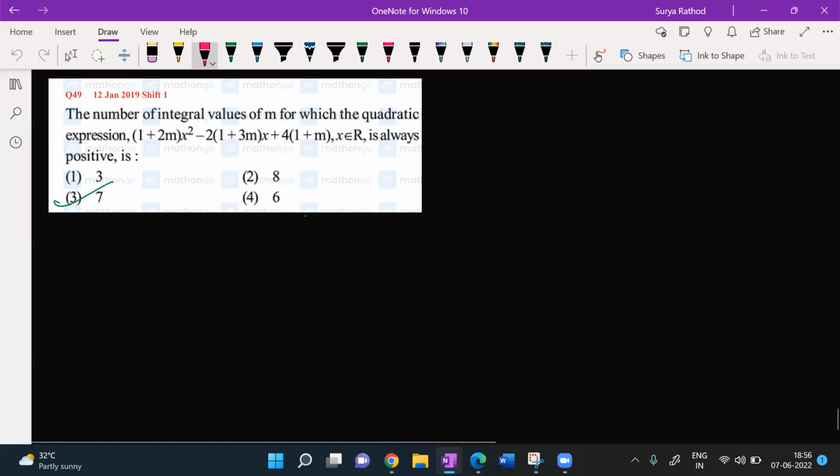Done. The answer is 7, guys. How many of you got the number of integral values of m for which the quadratic expression is always positive? Guys, the answer is 7. How many of you got this answer? Have you all got the answer?